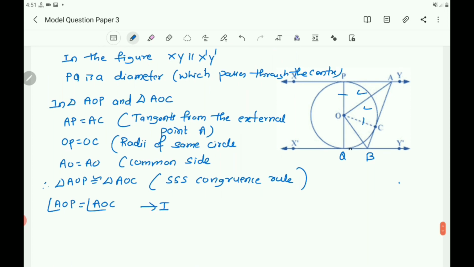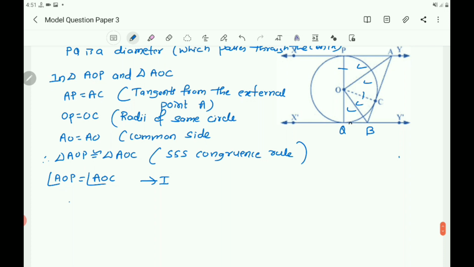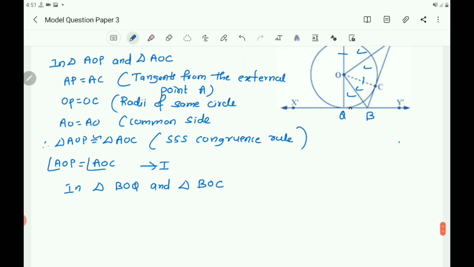Now again you take these two triangles, triangle BOQ and triangle BOC. In triangle BOQ and triangle BOC, right? BQ equals BC.